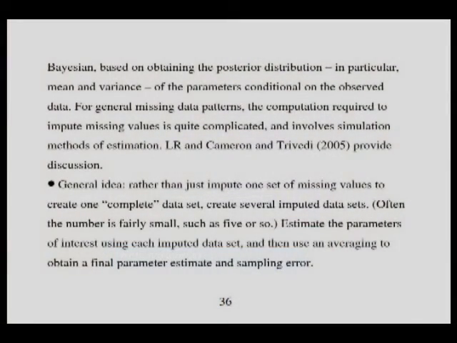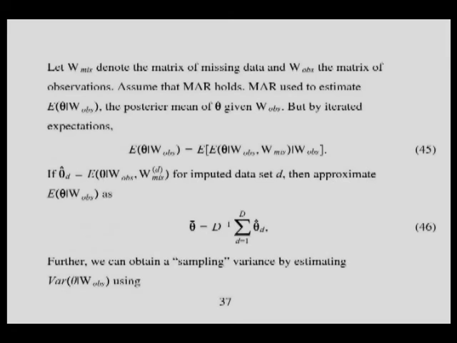So let me just jump ahead to give you briefly what the general idea is here. From a Bayesian perspective, when you define parameters theta, what you want in the end is something like the posterior mean of the parameter conditional on the data that you actually observe. What imputation does is it gives you this, and if you do it several times, you get several posterior means, but these are conditional on a set of imputed data.